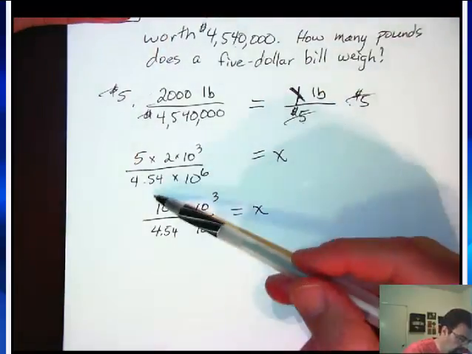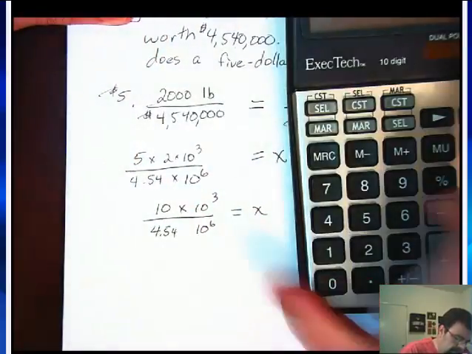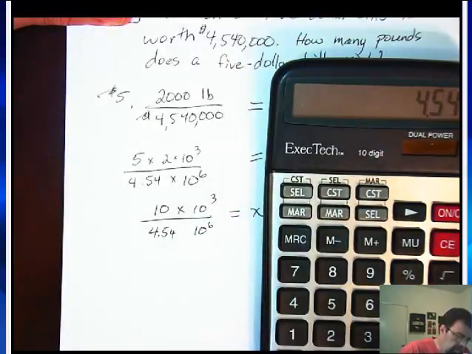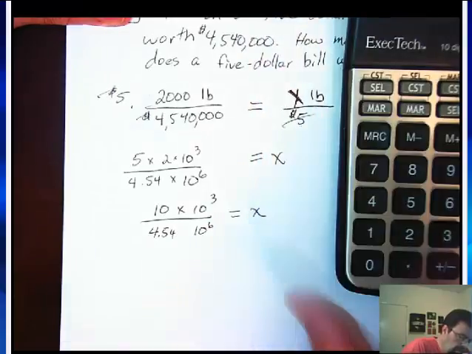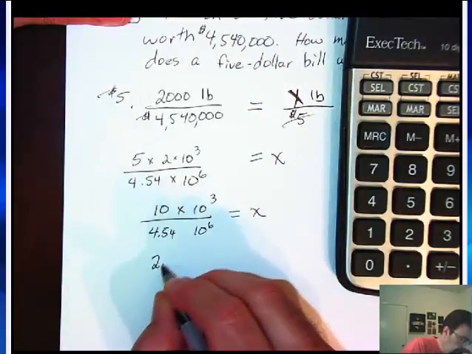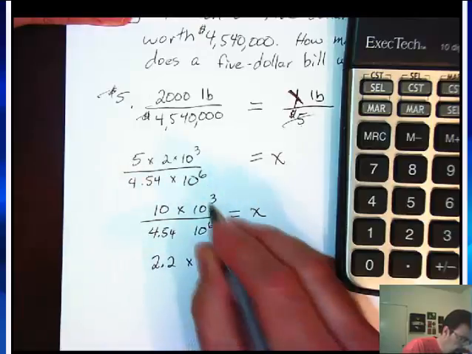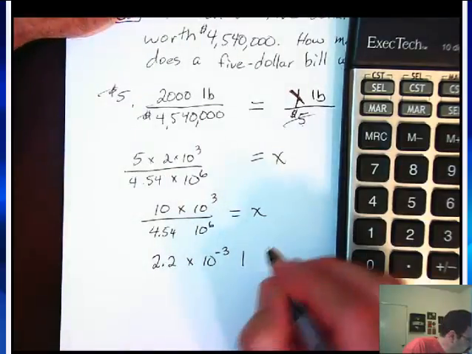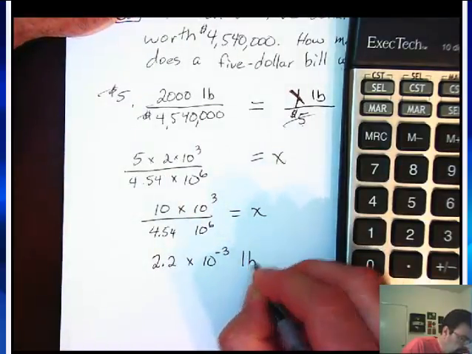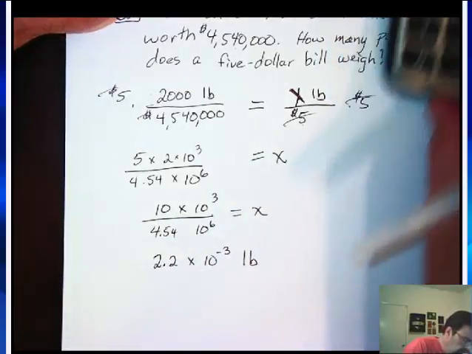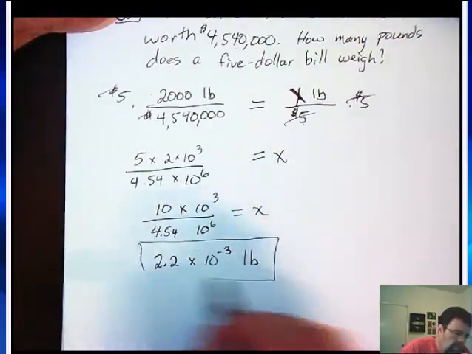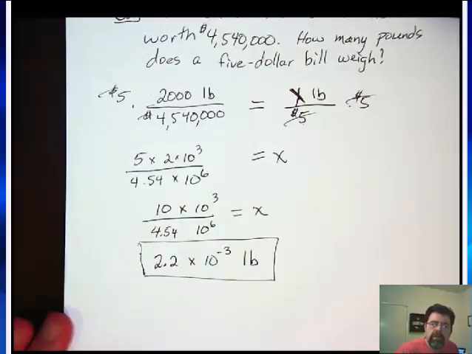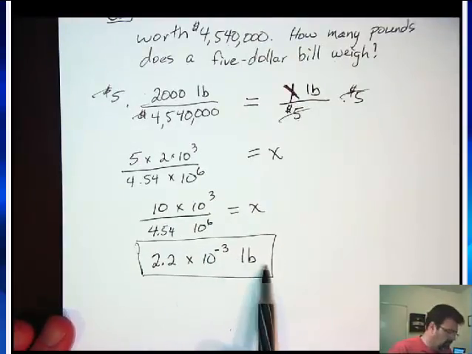Okay, so I'm going to go 10,000 divided by 4,540,000. And that's 2.2 times 10 to the negative 3 pounds. There you go. So one $5 bill weighs 2.2 times 10 to the negative 3 pounds.